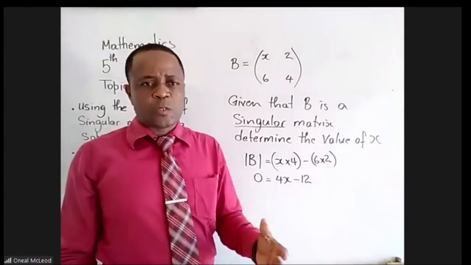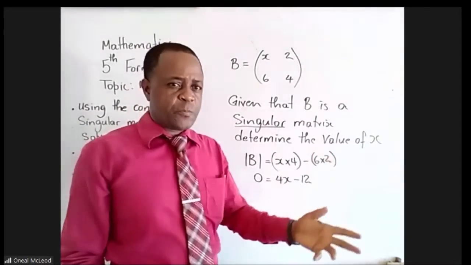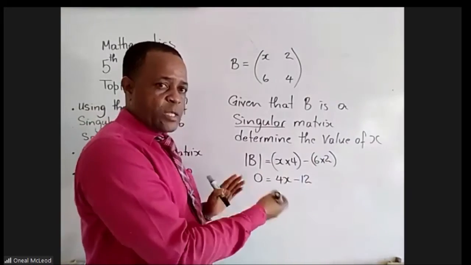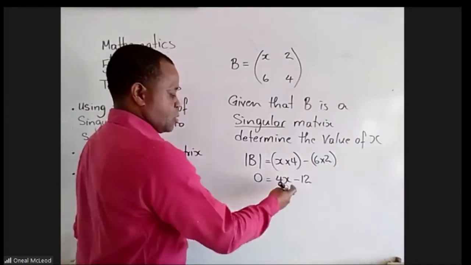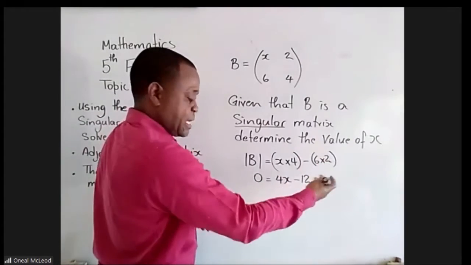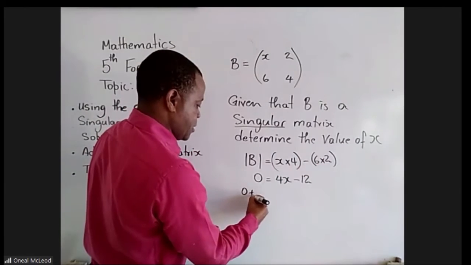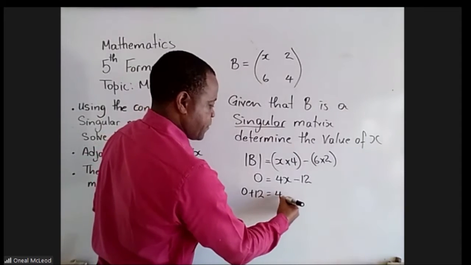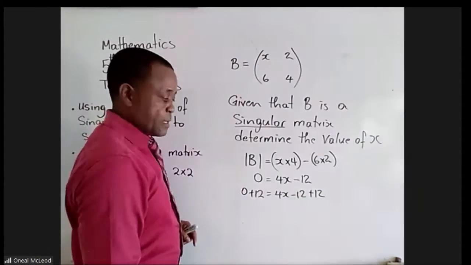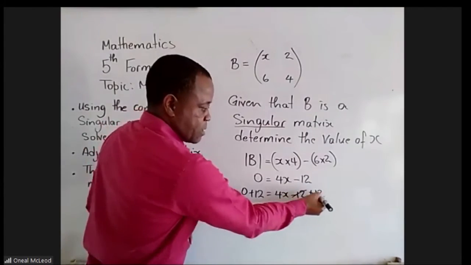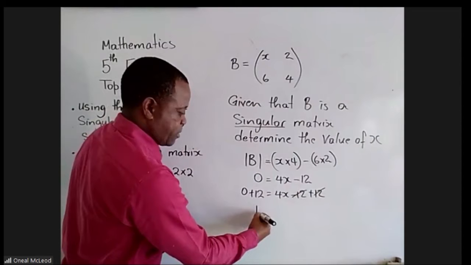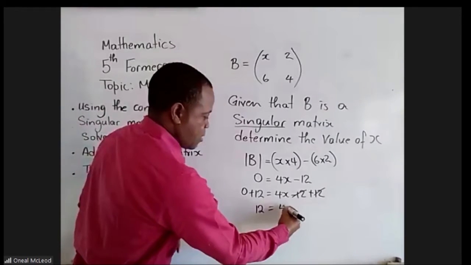For those persons who will not be able to pick it up so quickly, we just go ahead and solve. We can use the balancing method. To get rid of the 12, we have to add 12 to both sides. So it becomes 0 plus 12 equal to 4x minus 12 plus 12. That cancels out. 0 plus 12 will give us 12, and that is now equal to 4x.